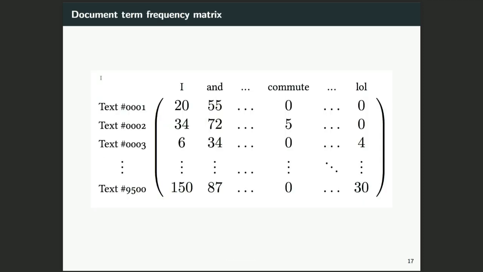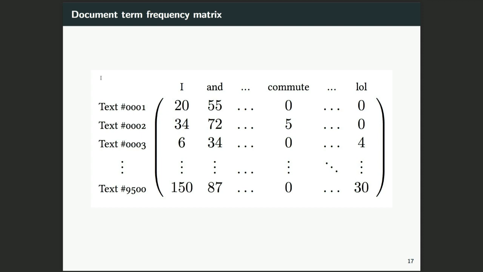The classic way of doing this, and there are some others, but the classic way that works really well is to construct a document term frequency matrix. This matrix has one row for every document. So this is just an example from another data set. We have 9,500 documents in this example, and then we have all of the tokens that create the text as columns.